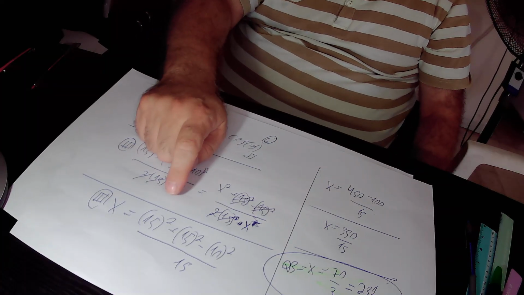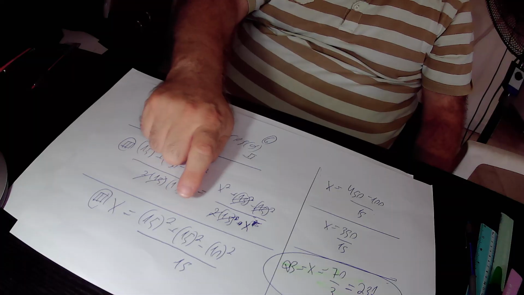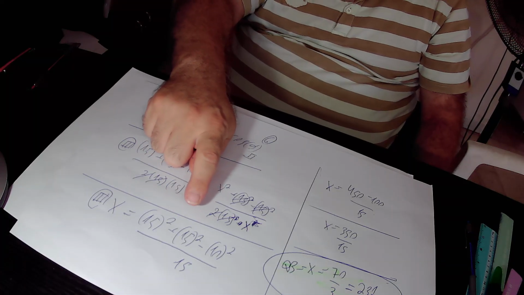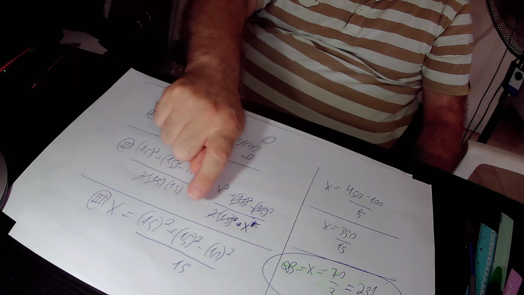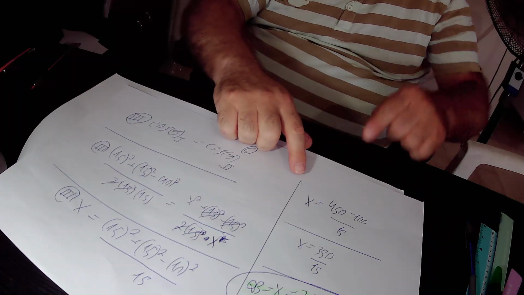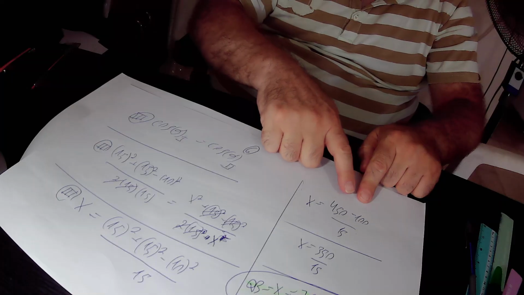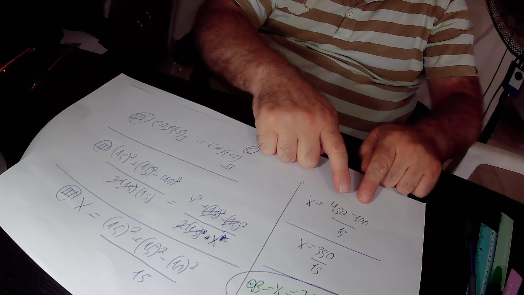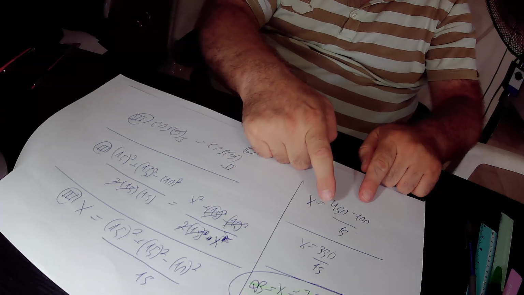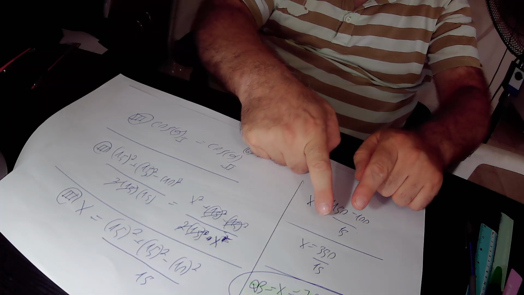15 squared is 225, so 225 plus 225 is 450, minus 10 squared, that is minus 100, over 15. So in total x equals 450 minus 100 over 15. 450 minus 100 is 350. So x equals 350 over 15.